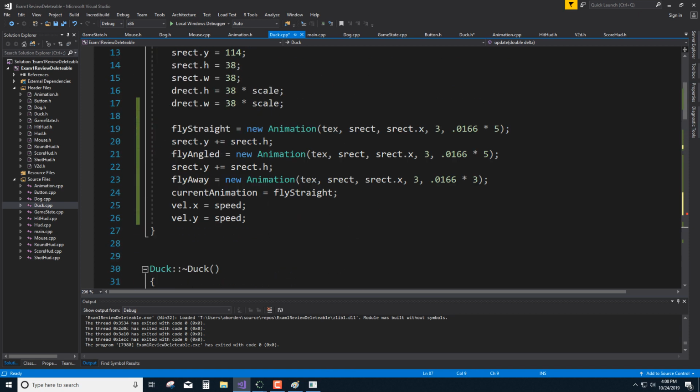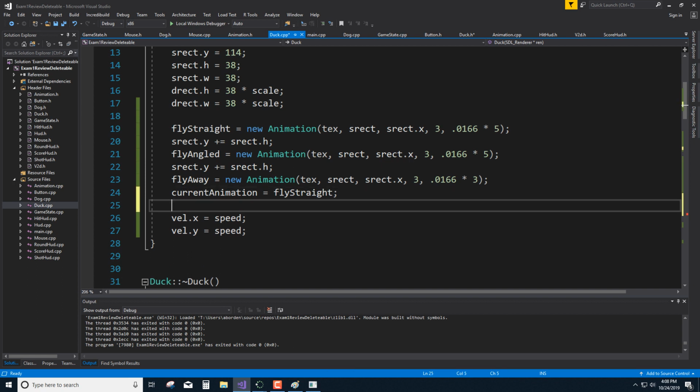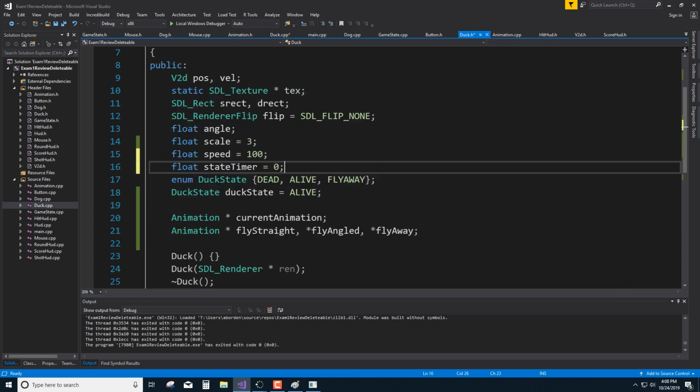So let's add an animation for a dead duck, or let's try this. This may work. It'll be a single frame animation.